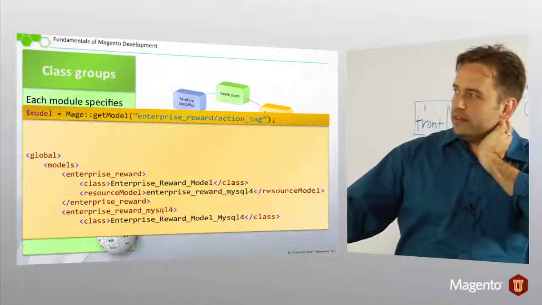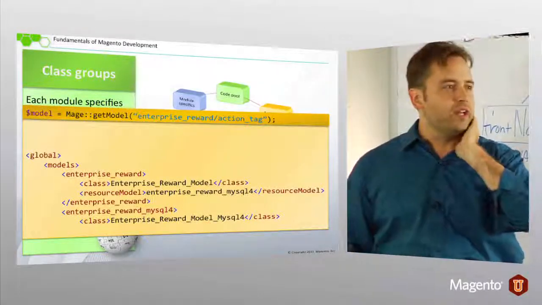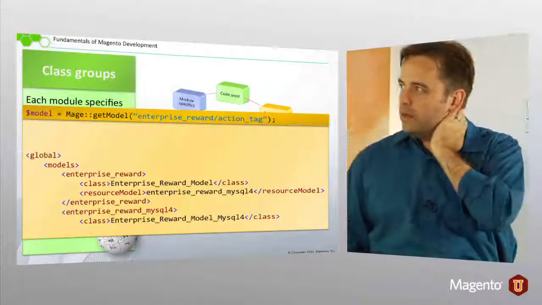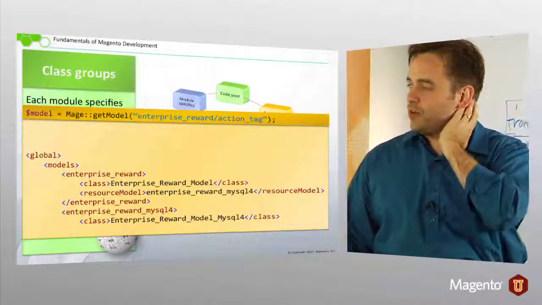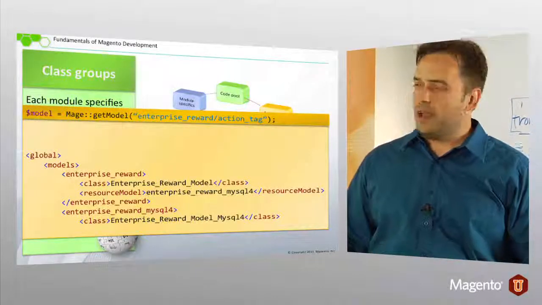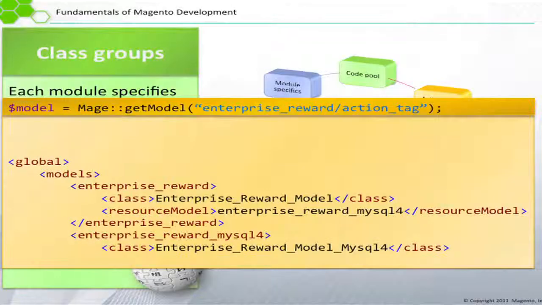For the class group, again, we'll look at one of the enterprise module configurations. So in the enterprise reward module, in app code core, enterprise reward, etc config.xml, we'd have a config node, and then global, models, enterprise reward, enterprise reward, enterprise reward.